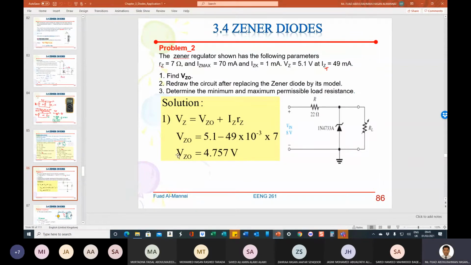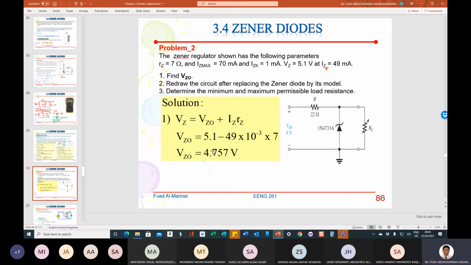This is an interesting and easy question. It said here, the Zener diode in this circuit is used as a regulator, of course, right? He said, given the parameters for the Zener diode, RZ is equal to 7 ohms, which means that it's a very, very good Zener diode.